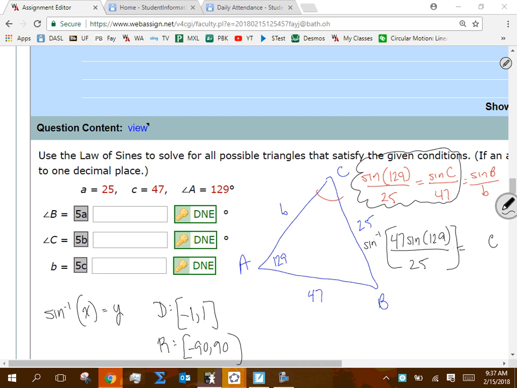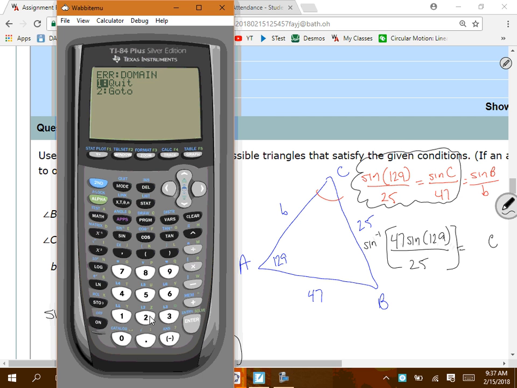So what's that tell you about this number right here? Yeah, it's bigger than 1, or smaller than -1. Okay, so to the right of +1, or to the left of -1. So I'm going to go back to this. I'm just going to delete out the sine inverse and just calculate, see what that is. So that's 1.46.